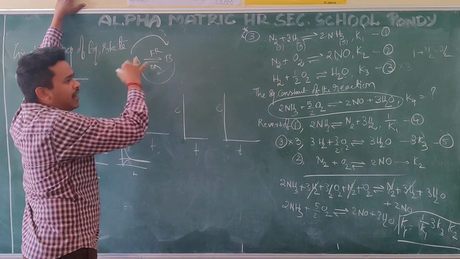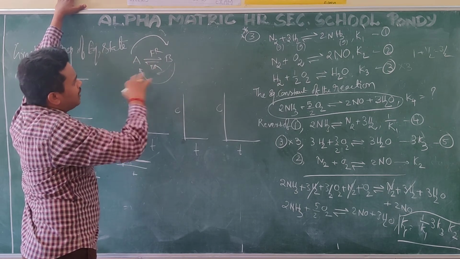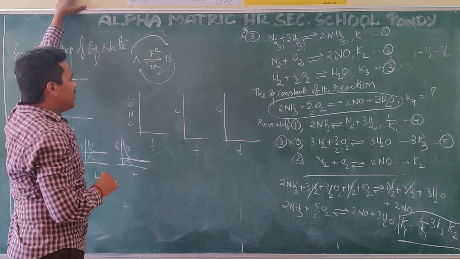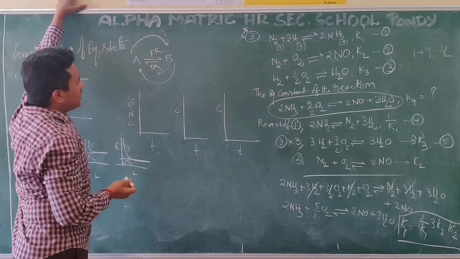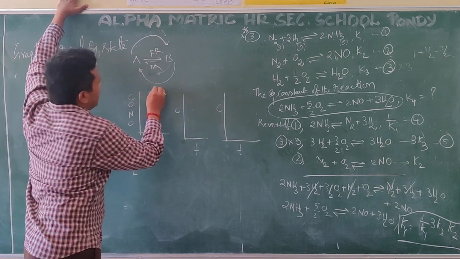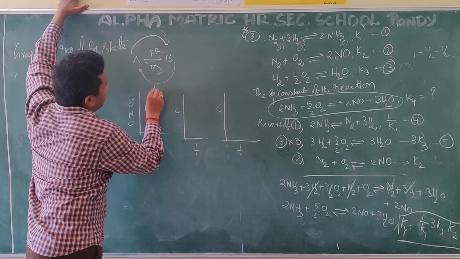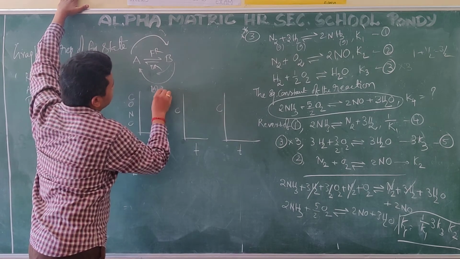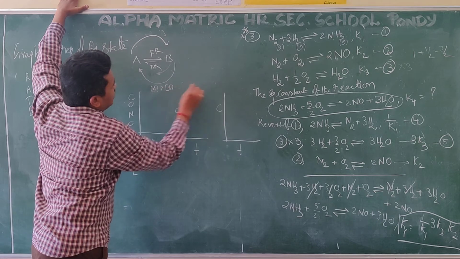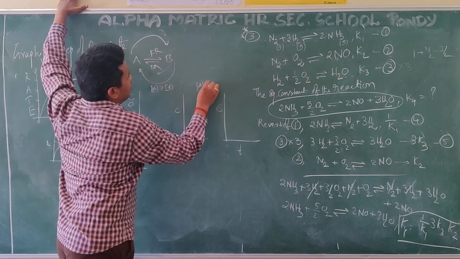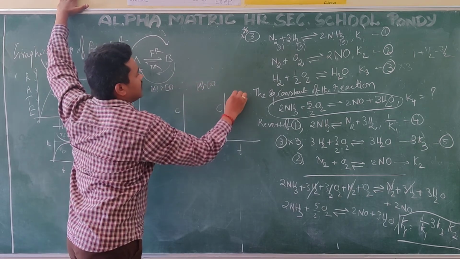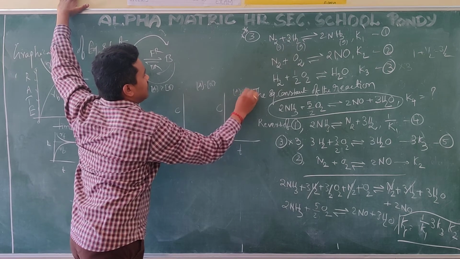After some time A and B will get constant values of their concentrations. Equilibrium can be reached anywhere: at equilibrium A may be greater than B, A may be equal to B, or A may be less than B.